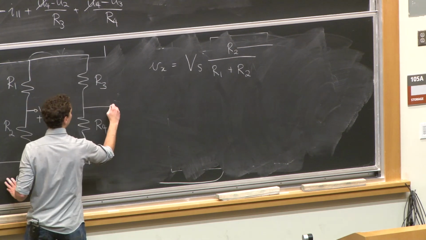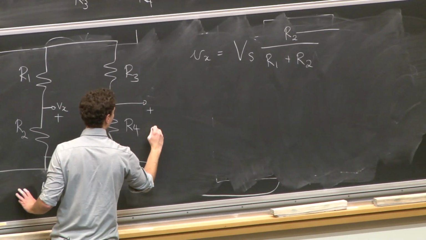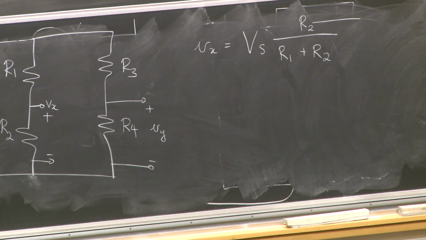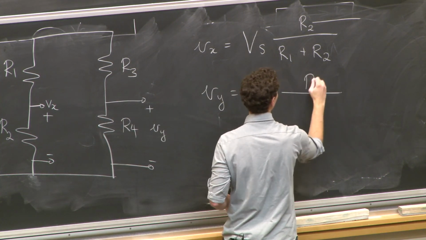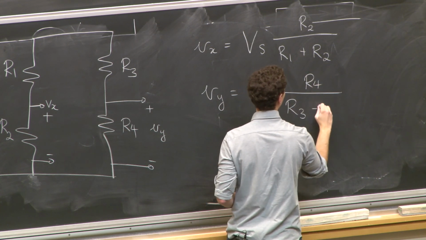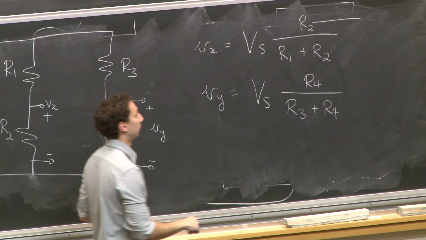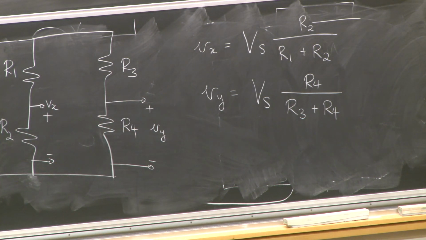Now what about this one right here, Vy? What's that? Yeah. So the answer is, again, just a voltage divider, right? Okay? So these are my two expressions for the two voltages on each branch here.